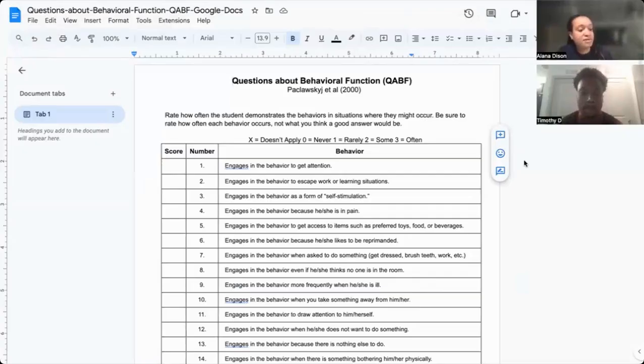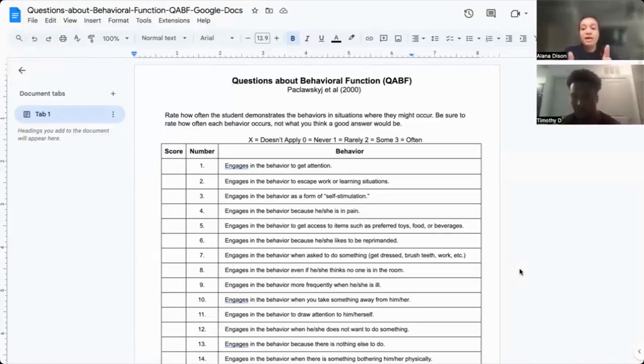Do you know what an assessment is? Do you know what an indirect assessment is? No. Okay, so in ABA, we have to do assessments before we can come up with a treatment plan and all that type of stuff. So we do a direct assessment.